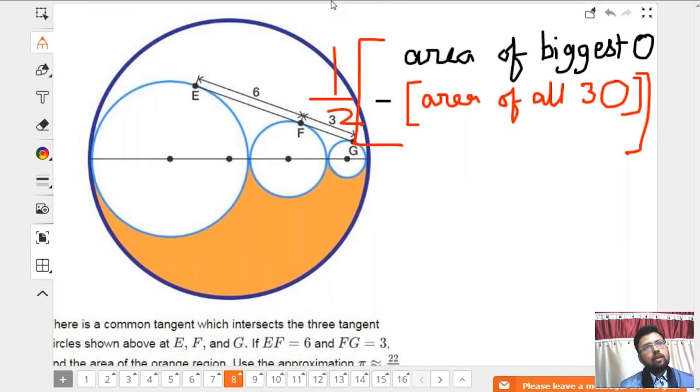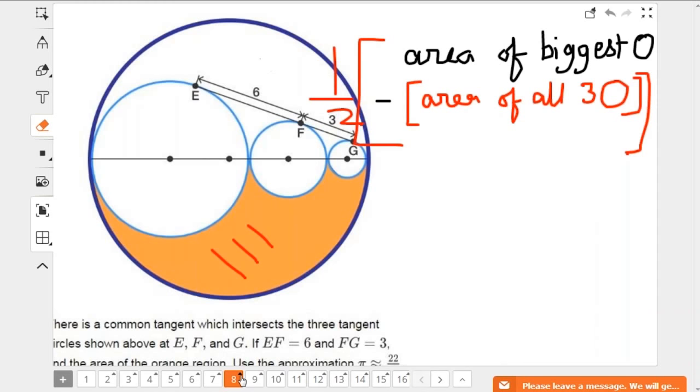So it's like saying area of the biggest circle minus the smaller circles will give you this side as well as this side. We take half of it because it's symmetric. Correct? So we take half of it and we remove this area. Okay, so area of the orange region is area of the big circle minus area of the three smaller circles together and take half of it. Okay, divided by 2. So let's write that down.